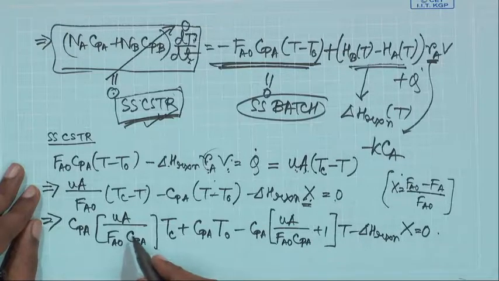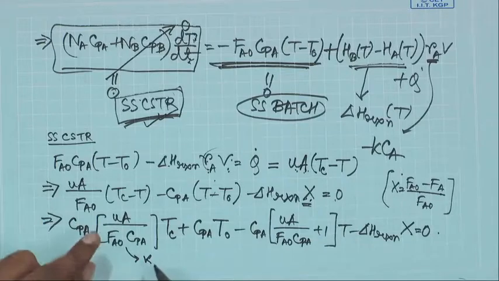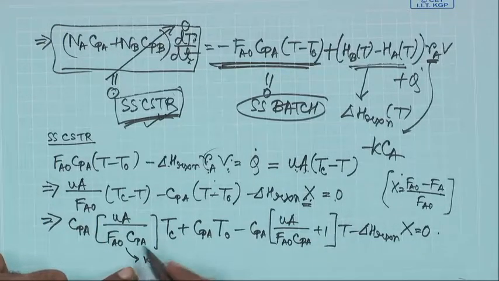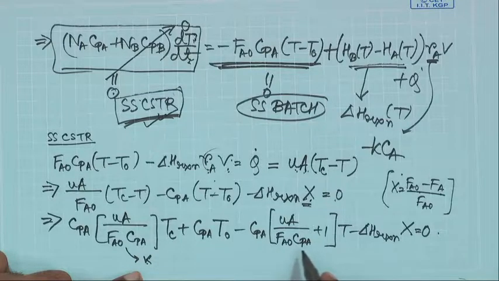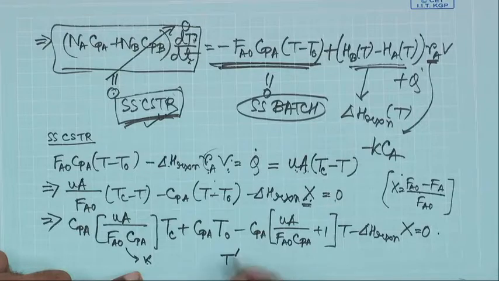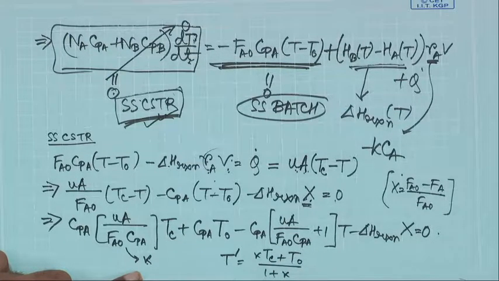Now, let us assume that this term is kappa, just replace this term with kappa, and let us define another term T prime, which will be equal to (kappa Tc plus T0) divided by (1 plus kappa). This is just to simplify this expression.